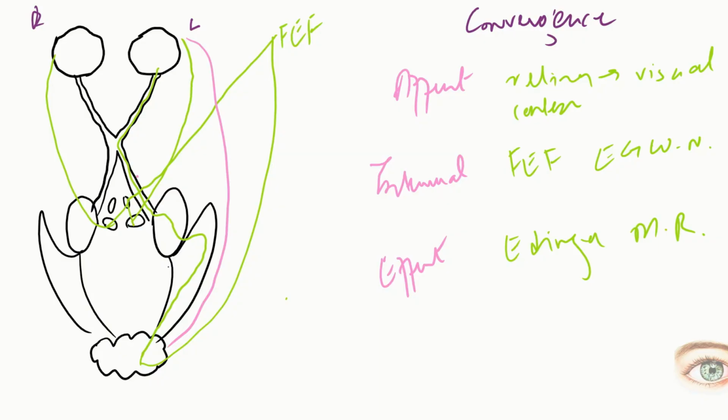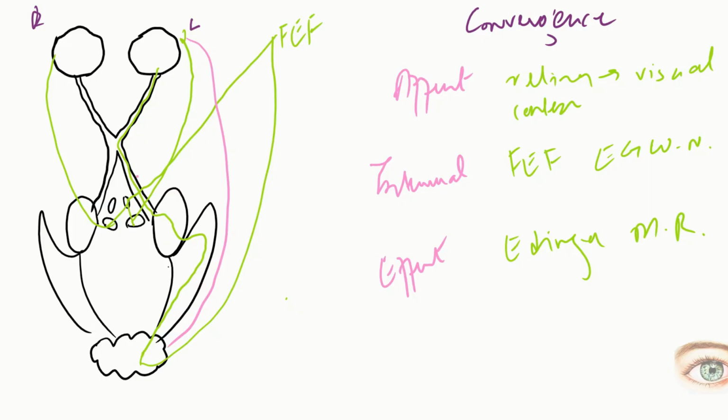Now, there is one question that I need you guys to ponder on, and that is why the fibers from the Edinger-Westphal nucleus didn't synapse in the ciliary ganglion. The reason is that in the pupillary reflex and in the accommodation pathway, these were the autonomic pathways, right, for the smooth muscles.